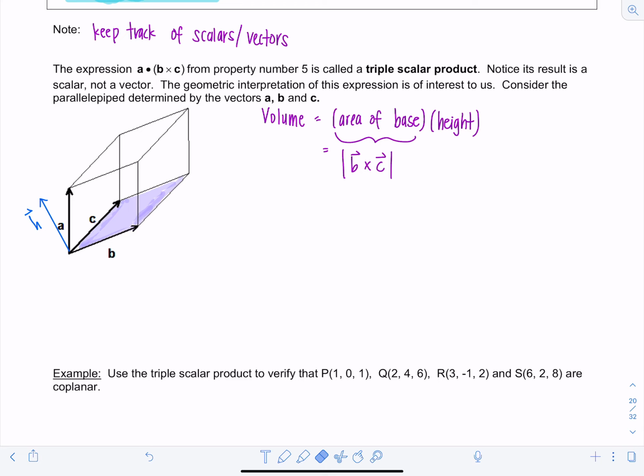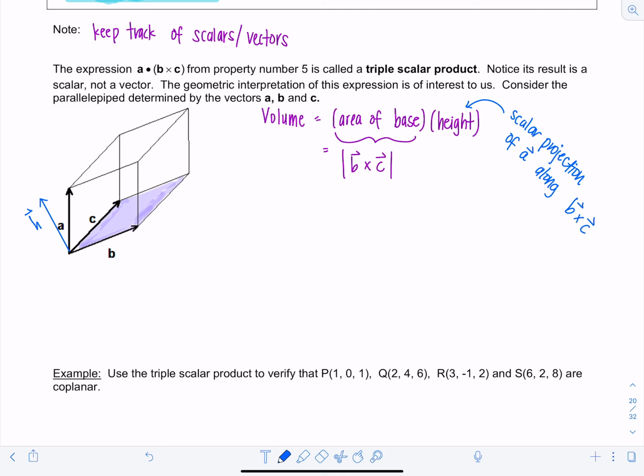Well, I can. So remember, the height that we want is going to be the scalar projection. Oh, here come the projections again. So it's the scalar projection of vector A along, I need a vector that's perpendicular to the base. What vector is perpendicular to the base? B cross C.